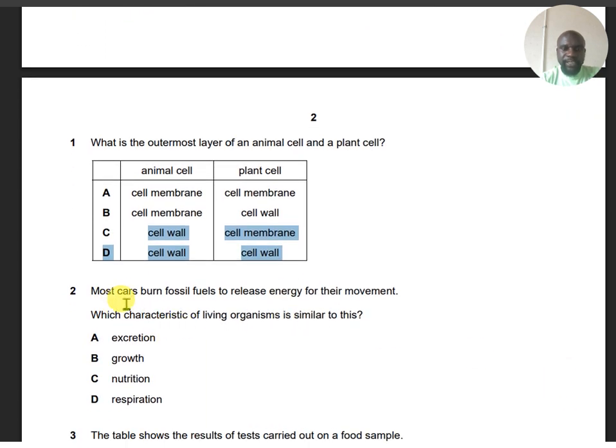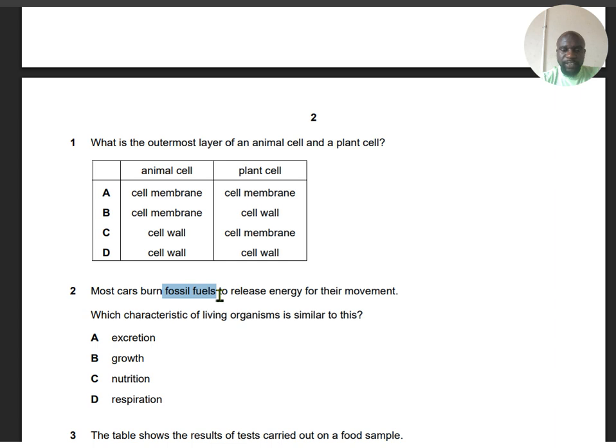Number two says most cars burn fossil fuels to release energy for their movement. Which characteristic of living organisms is similar to this? Most cars burn fossil fuel, which means after they burn the fossil fuels, they excrete something.